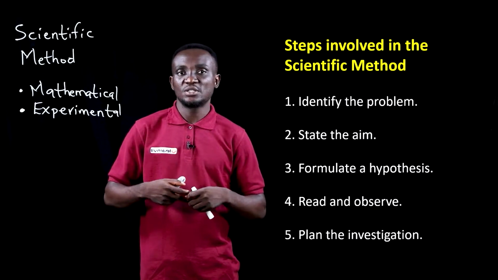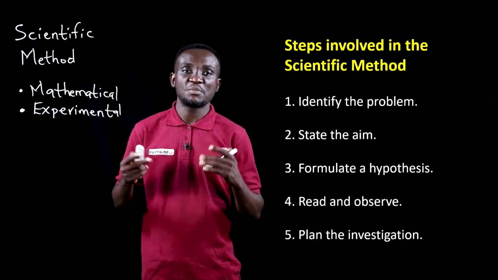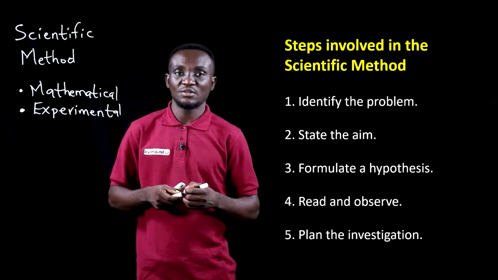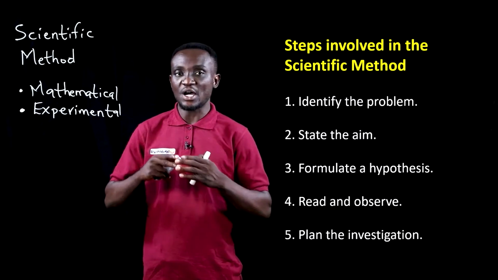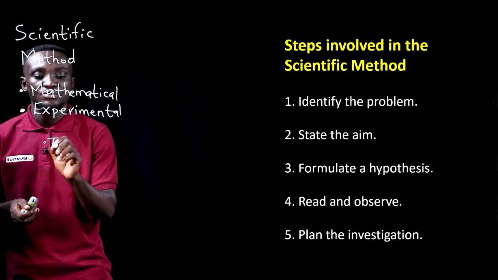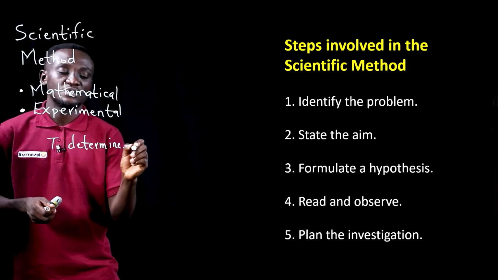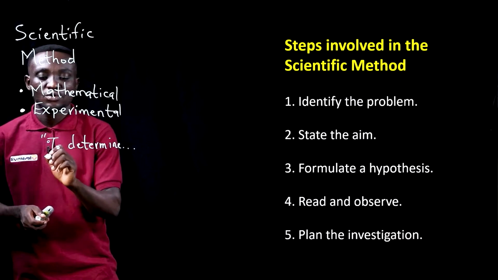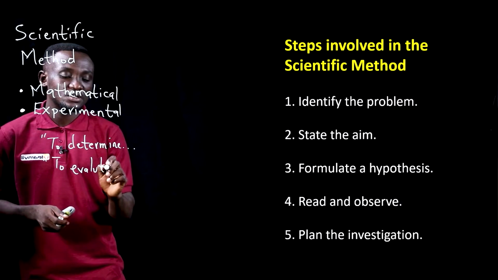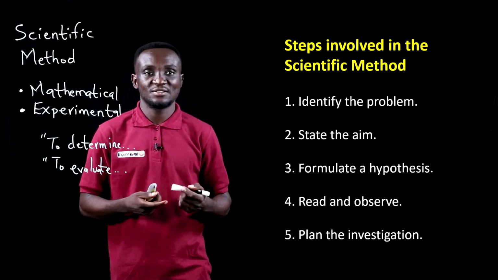So to begin with, we'll continue by stating the aim of the experiment. So the aim will be to determine or to evaluate, and these are words we use when we are stating the aim. So you can write to determine, or to evaluate, or to assess.